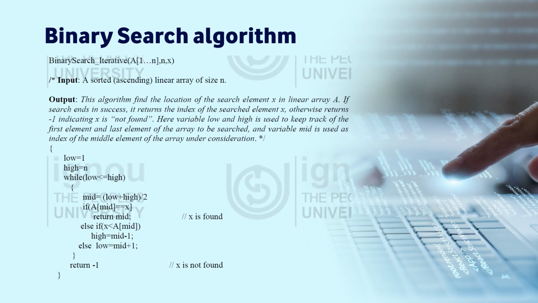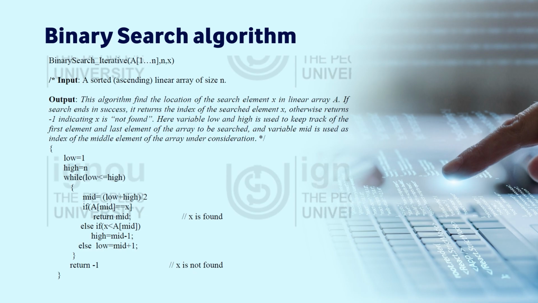If the mid is your desired element, you can simply return mid. If it is not, you check whether the element at mid is less than or greater than x. If it is less than, you go towards the left side of the list. If it is greater than, you go towards the right side of the list.